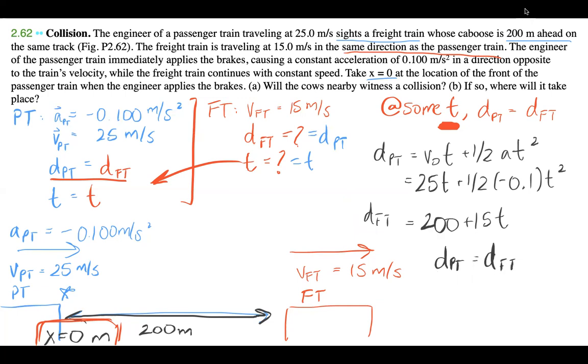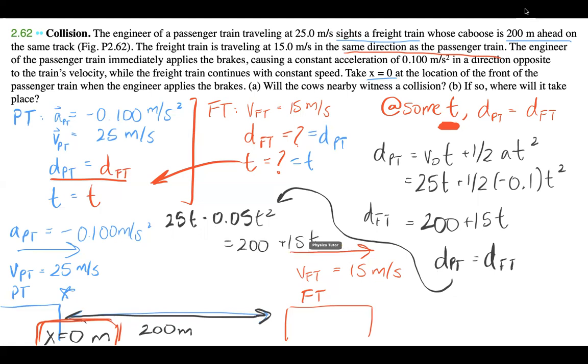And when I do that, I get 25t. Oh, actually, let me just write that. Oh, shoot, let's move that right over here. Okay, so it would be 25t minus 0.05t squared is equal to 200 plus 15t, right?